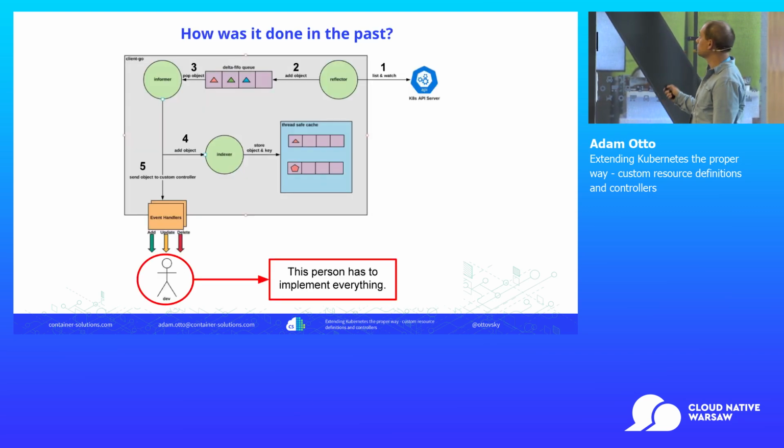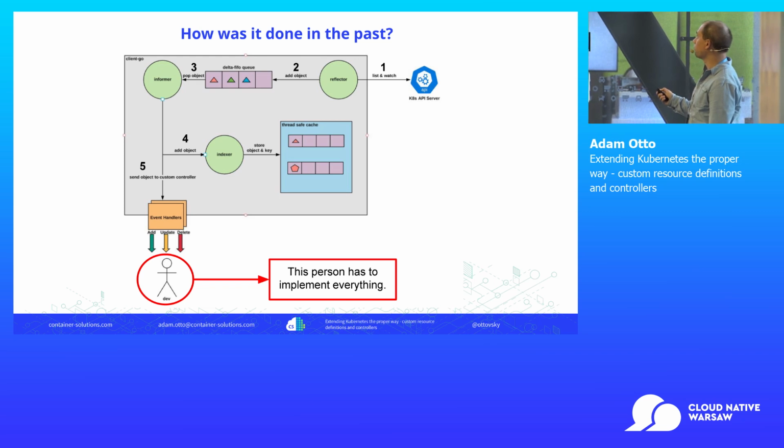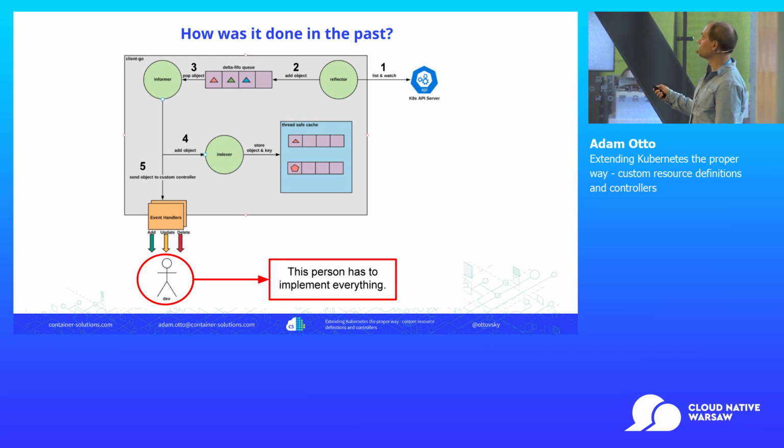So let me get into details here. The reflector receives notifications from the Kubernetes API server. Then it adds the object to the Delta FIFO queue, which is then popped by the informer. The informer puts the object into the cache and invokes the event handler.